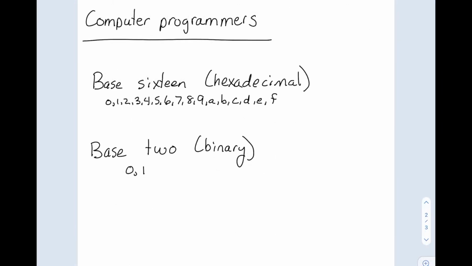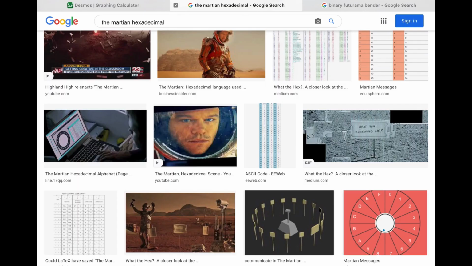Base 16 and some of these other bases might seem really strange to you, but if you were a computer programmer, then you would be familiar with base 16 and base 2. Base 16 is also known as the hexadecimal system, and if you ever saw the movie The Martian, the main character gets stuck on Mars, and his system to communicate with scientists back on Earth uses base 16.